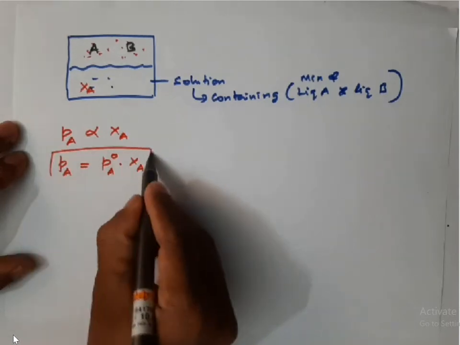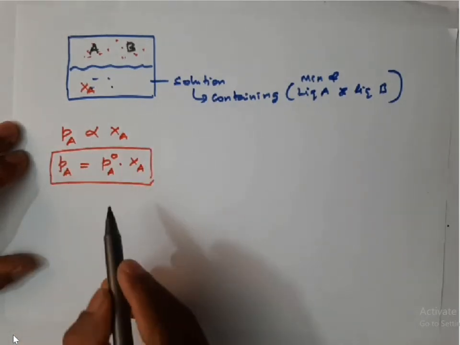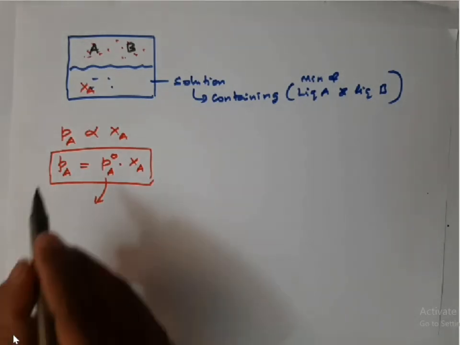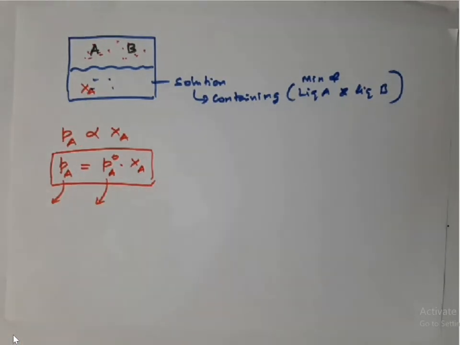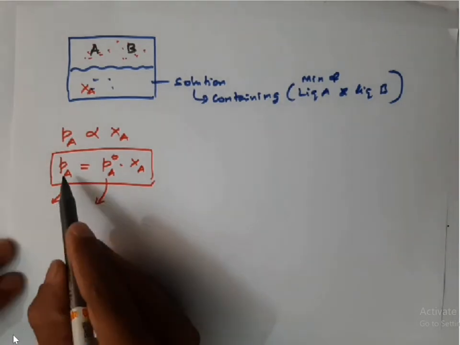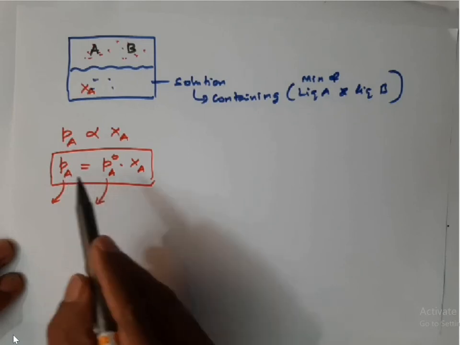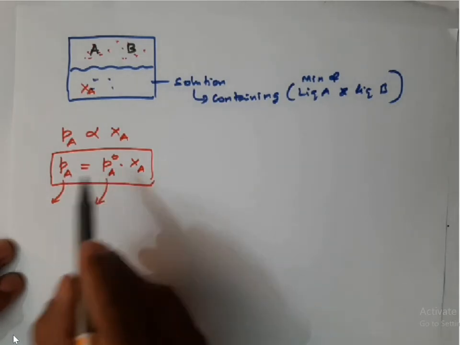That constant is nothing but P naught A. Students, can you tell me what is this P naught A? What is PA? What is P naught A? Yeah, this is partial pressure of liquid A in solution. This is partial vapor pressure.